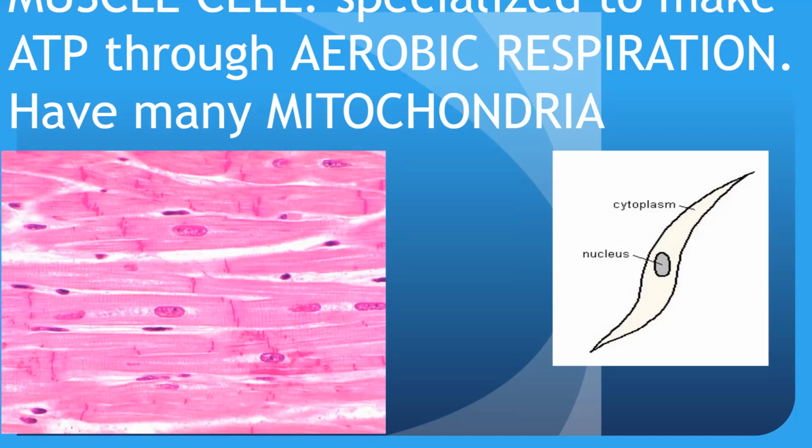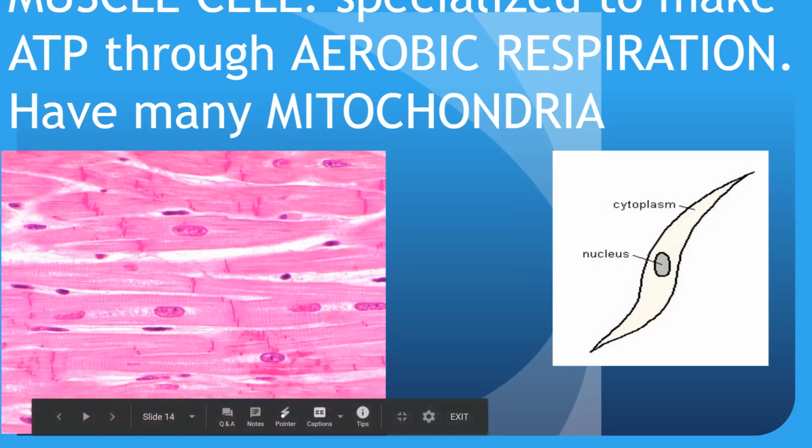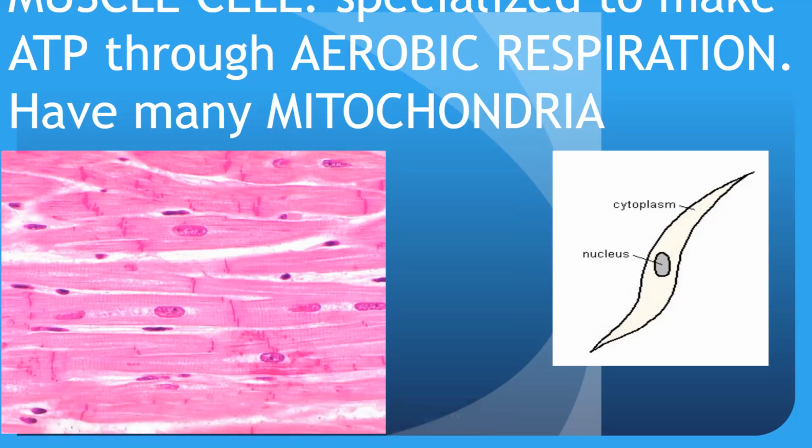Muscle cells have a lot of mitochondria because they need a lot of energy. They help us move. So here's a muscle cell. Its specialized structure is to make ATP. Look at that nucleus. Of course, we're eukaryotic organisms, so we must have nuclei in our cells, right?